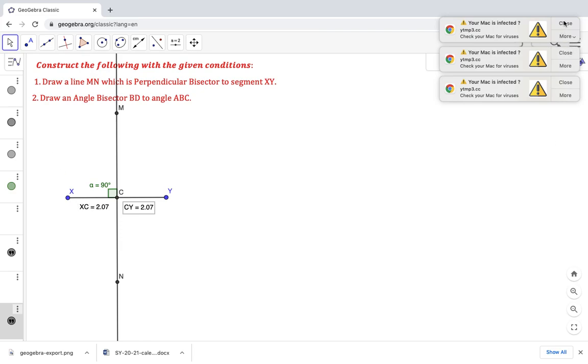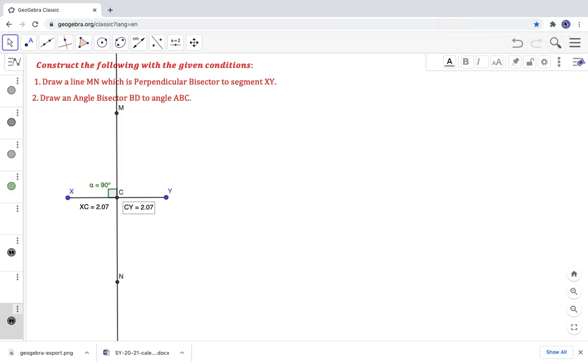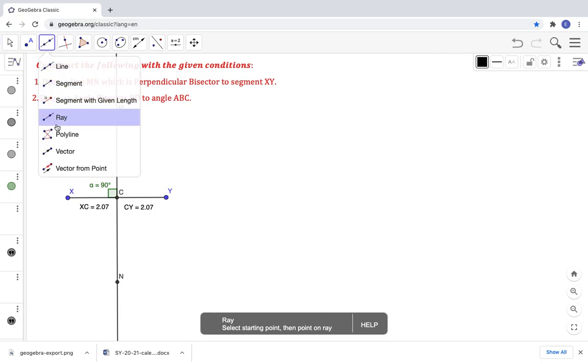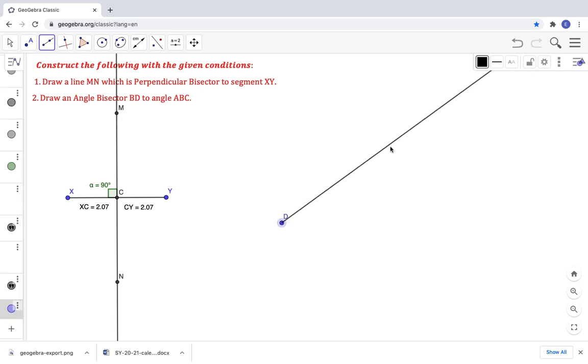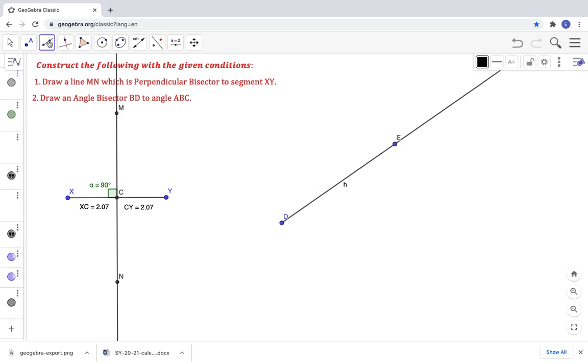For number 2, draw an angle bisector BD to angle ABC. So first, we will form an angle ABC. We know that an angle is formed by two rays, so we will draw a ray. So we have one ray here, and we need one more ray from here going here.